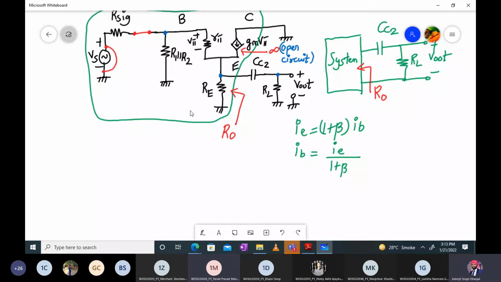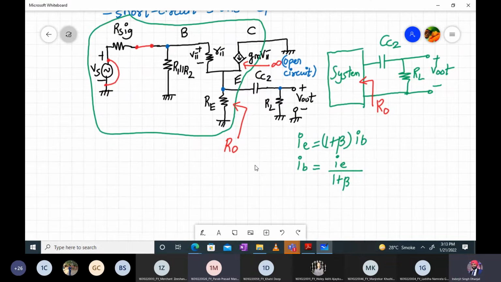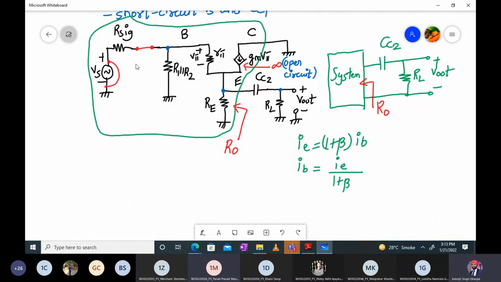Okay, fine. So now see carefully, we are going from emitter to base. So all the current over here should be in terms of emitter current now, not the base current. We are doing the other way around. So what will be the value of RO?